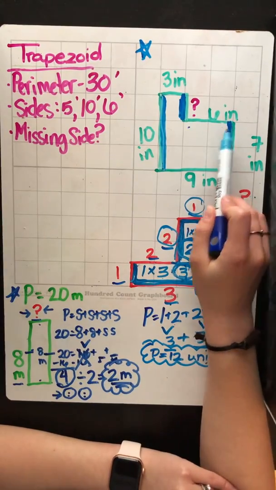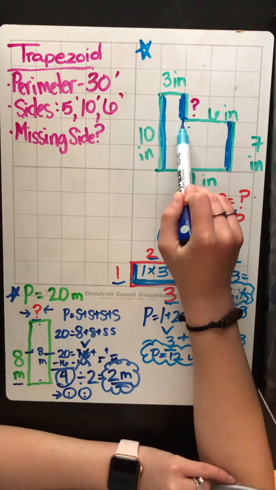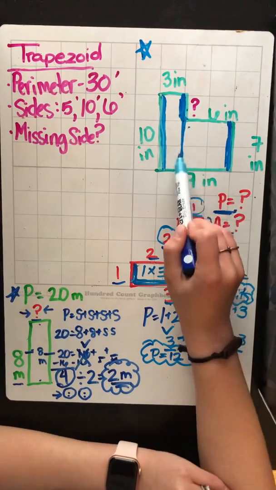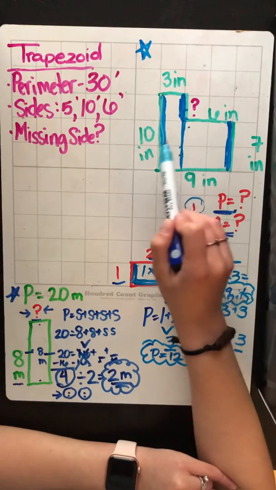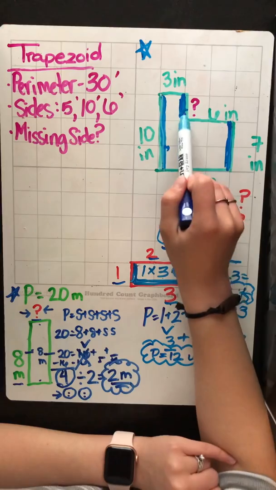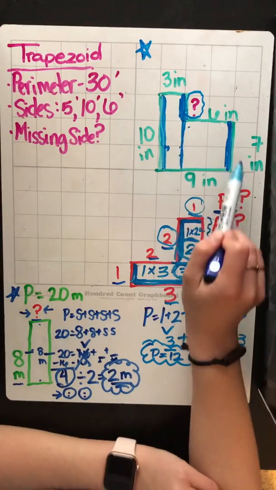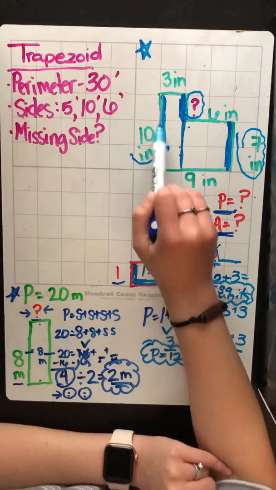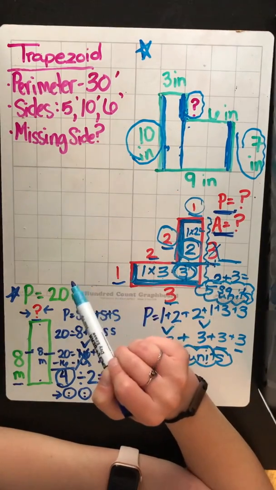However, if I take this piece and in my imagination, I move it over, I can see that these lines added up together equal this line right here. That means this side plus this side will equal my entire vertical line.